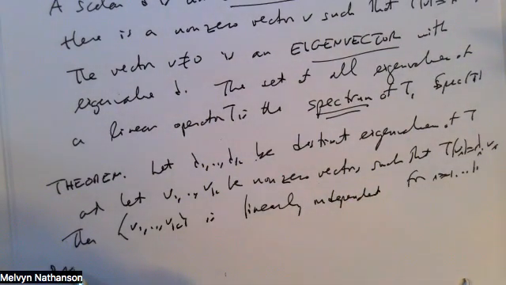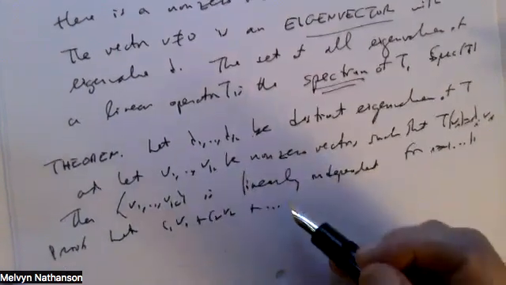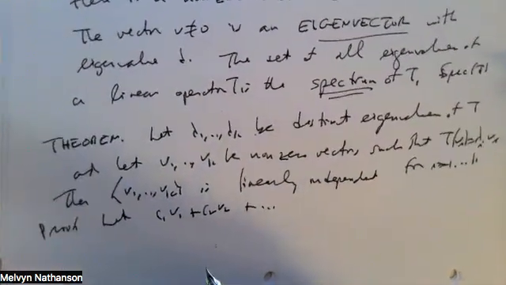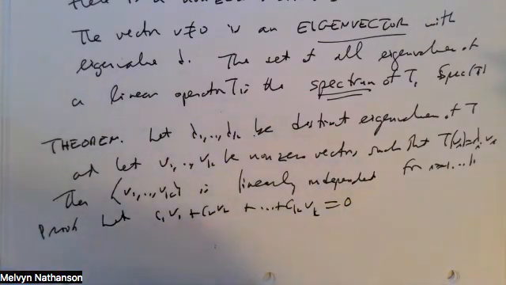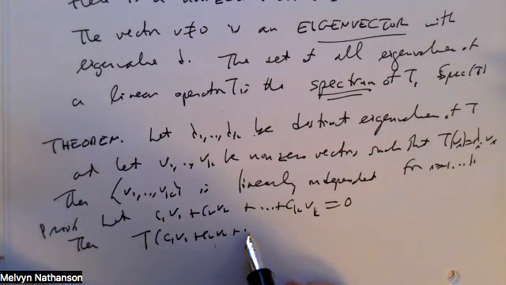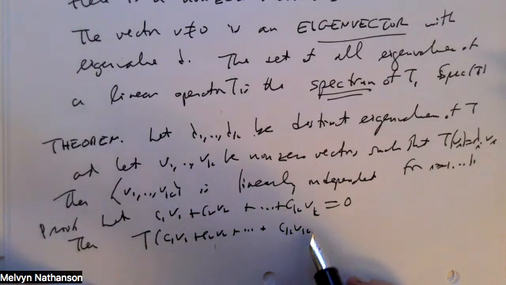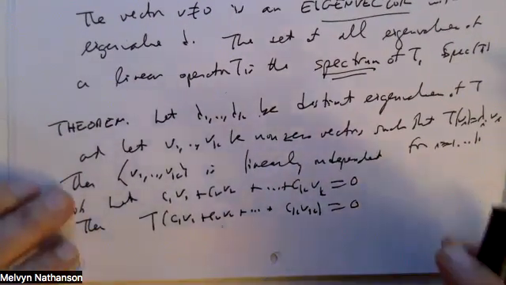Proof. Suppose that c1v1 plus c2v2 up to ckvk is equal to 0. Then T of c1v1 plus c2v2 plus ckvk is equal to 0, because T of the 0 vector is 0.